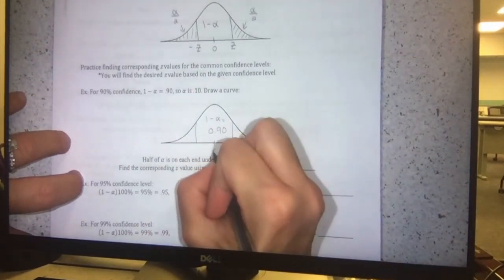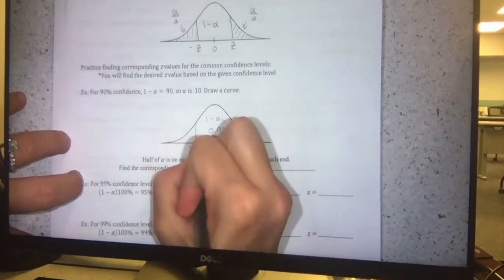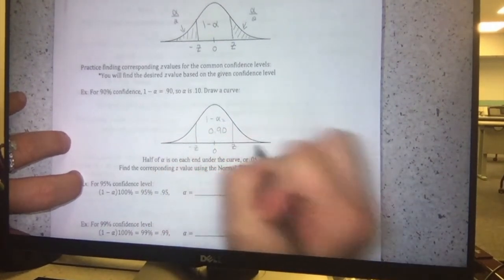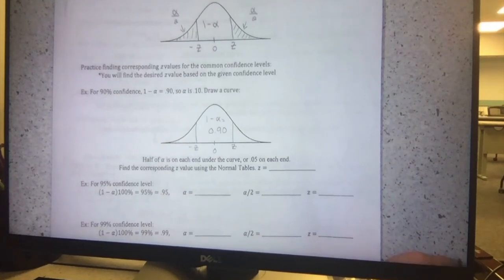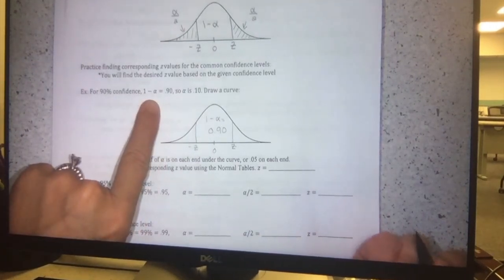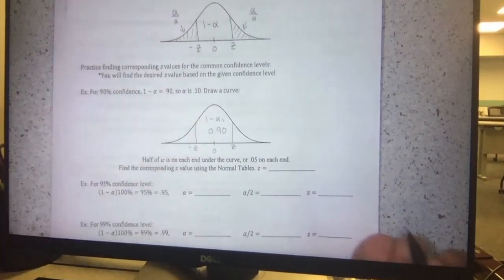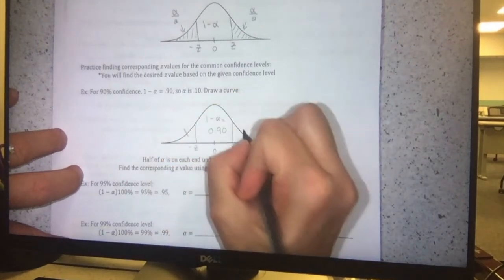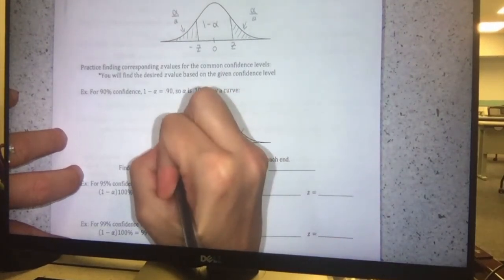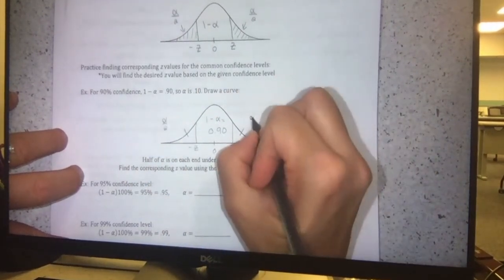In the middle, we have 0. Over here is our negative z. Over here is our positive z. If we know 1 minus alpha is 0.90, that's telling us that alpha is 0.10. But if these are both alpha, that means this is alpha over 2, and this is alpha over 2.